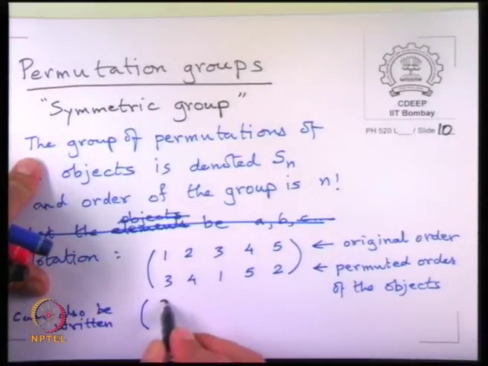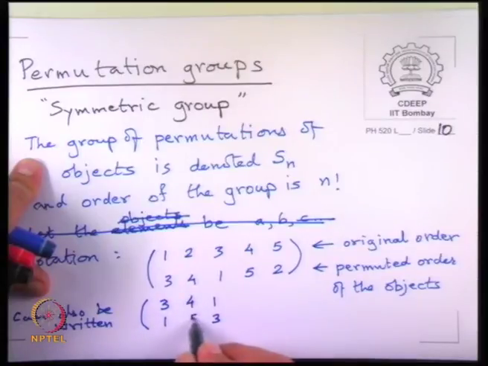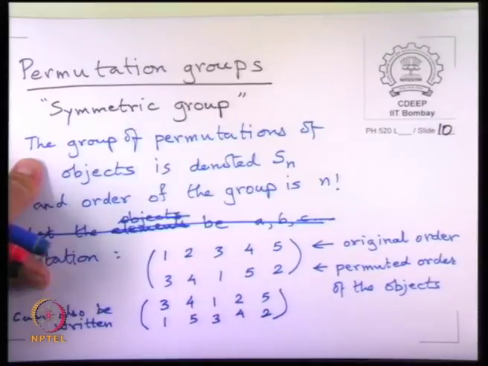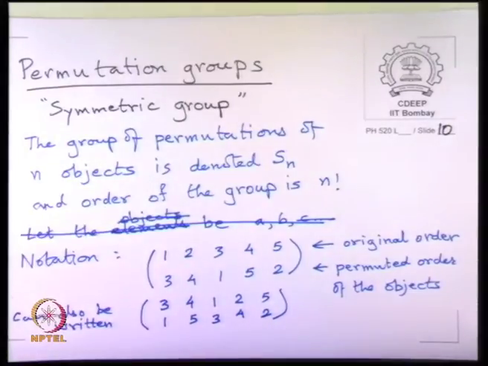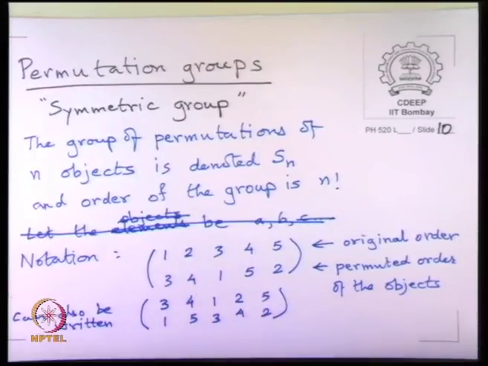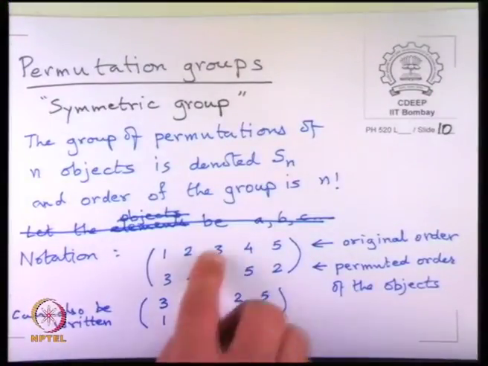I am sorry to use the word permutation too much, but for example, we could do this. It means the same thing. It says object number 3 went to place 1, object number 4 went to the place of object number 5, and so on. We may have to do this occasionally, but we will not in general do it. It gets confusing. We will start with this and say what it went to. But these two are equivalent.